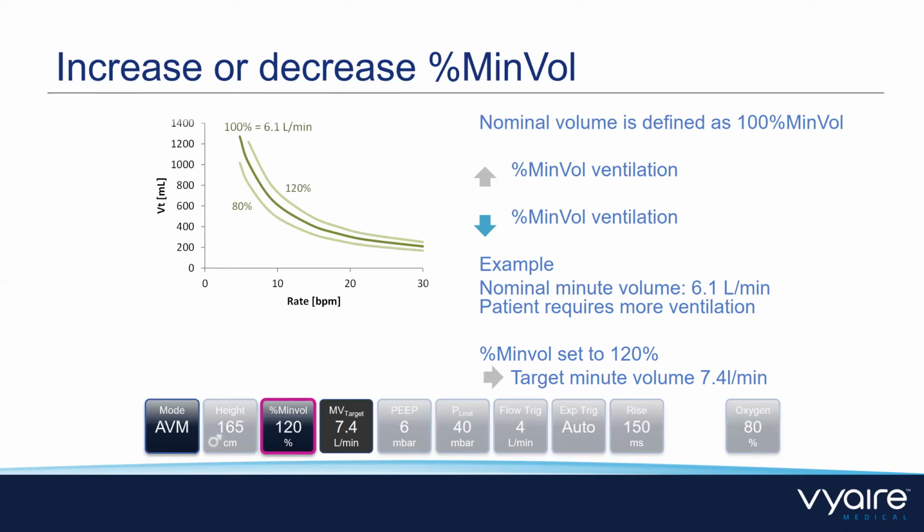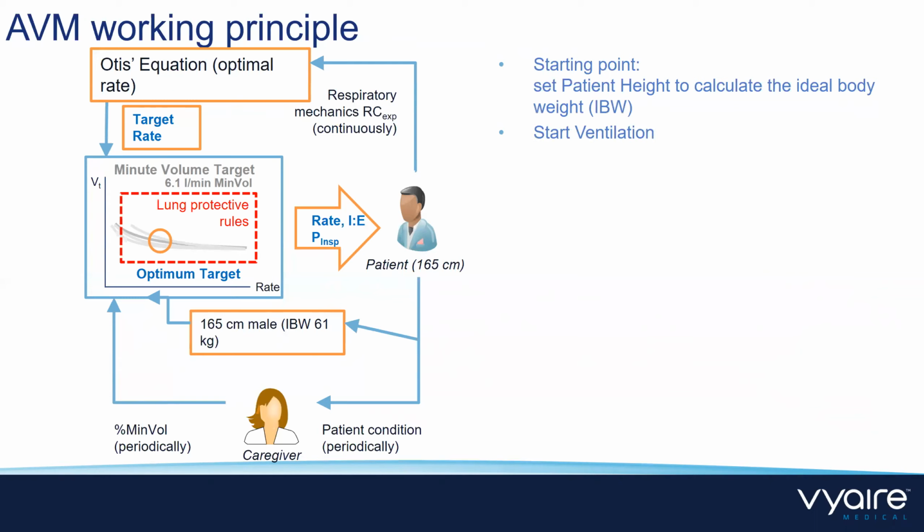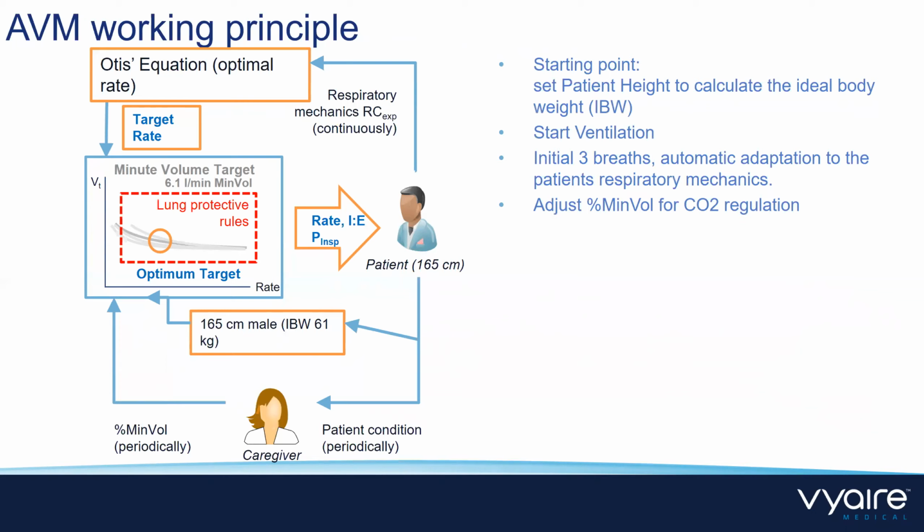So in summary, talking about the working principle of AVM: you start with setting the patient height to calculate the ideal body weight, then start the ventilation. There are initially 3 breaths to measure out the lung condition of the patient and the respiratory mechanics. After that, it will adjust, and you adjust the minute volume for the CO2 regulation.